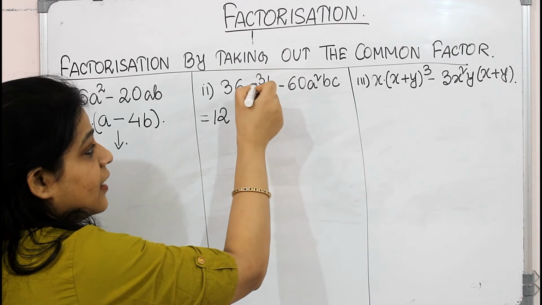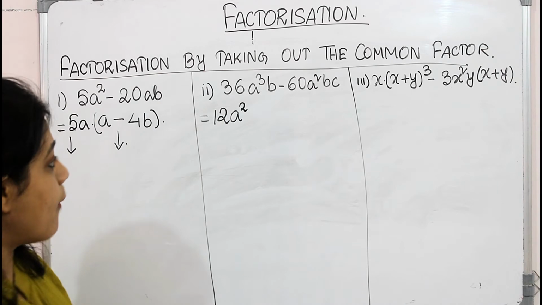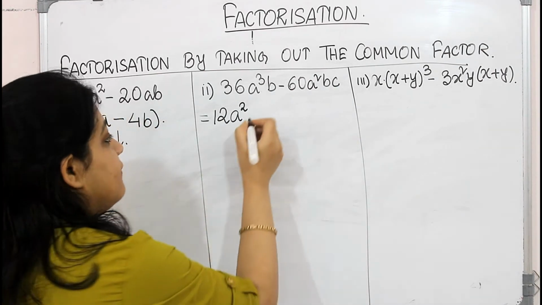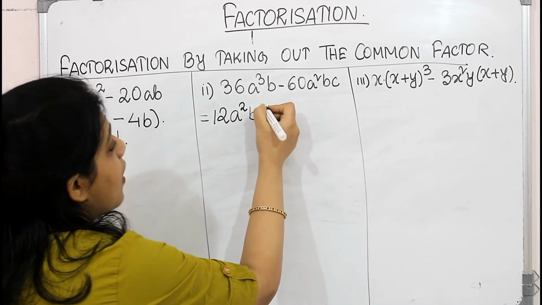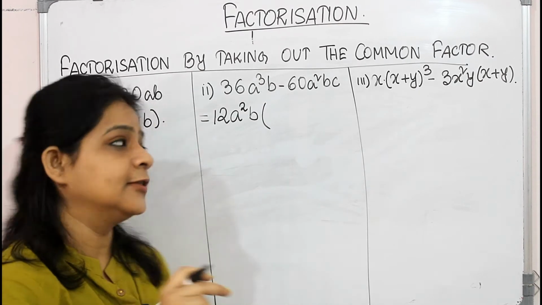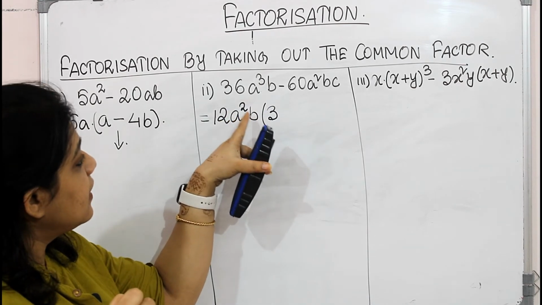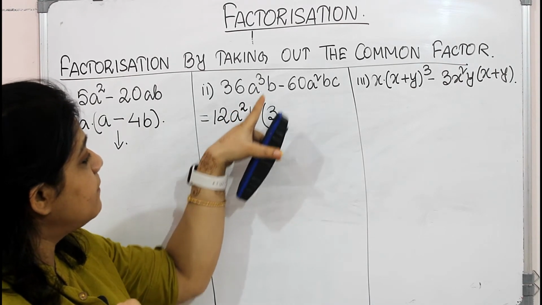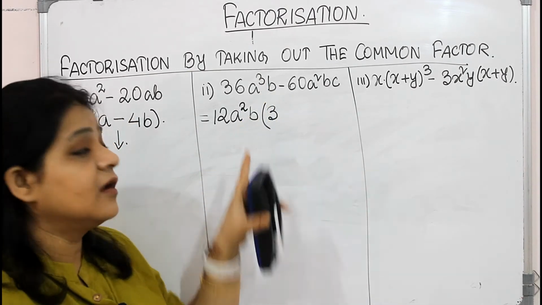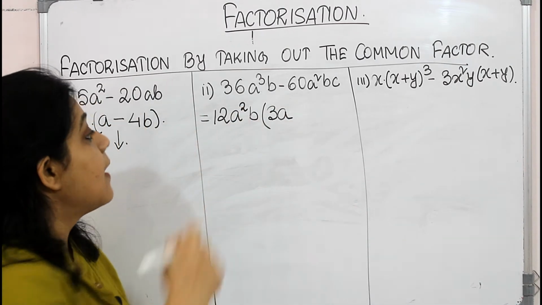Since a square, here a cube, here a square, I can take a square as common. b is repeated only once, so I will take b common. So from that, 12 3s are 36, so I will write 3. a square b, a is also there, b is already there, so no need of writing b. But since a square is there, I have to give another a here. So this is 3a.